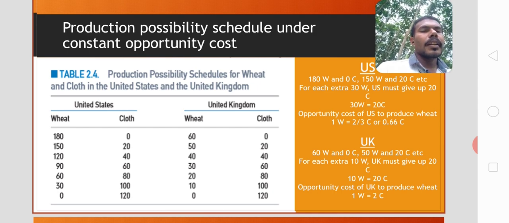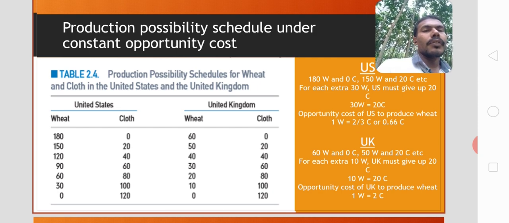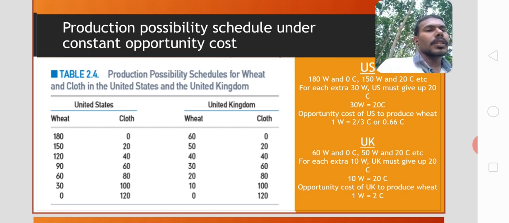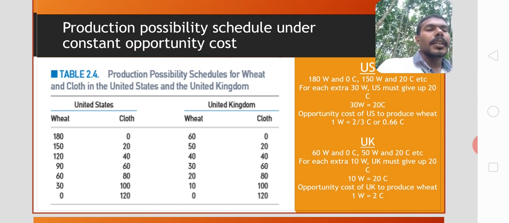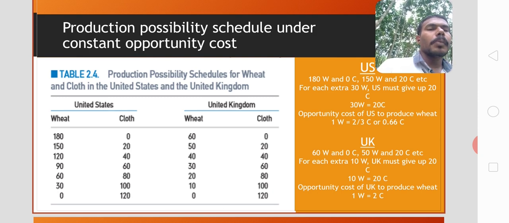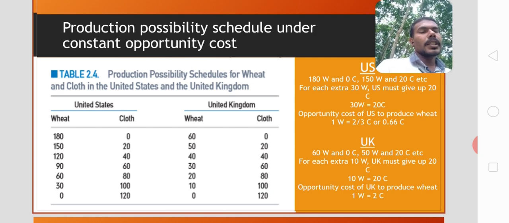So 10 wheat is equal to 20 cloth, which means 1 wheat is equal to 2 cloth. That means the opportunity cost of the UK to produce wheat is equal to 2.